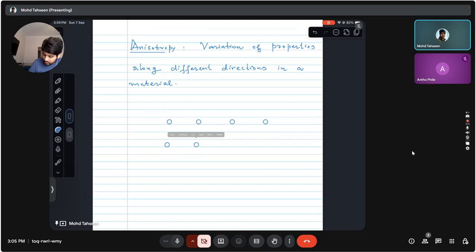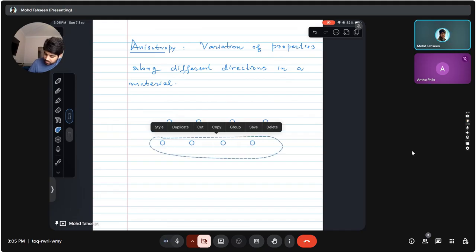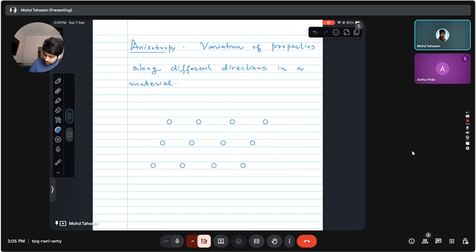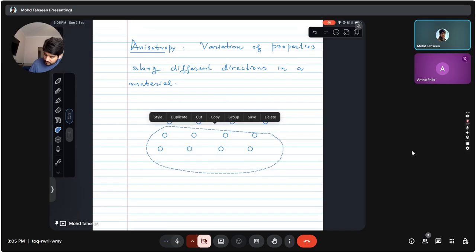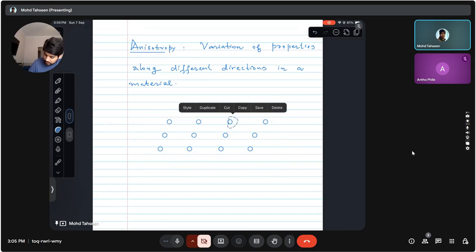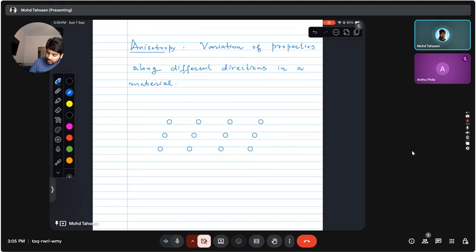Actually, copper has a different structure, but just for the argument's sake, let me make the spacing less in one direction and more in another. So let's say copper or some imaginary material crystallizes in this form, that this is its crystal structure.